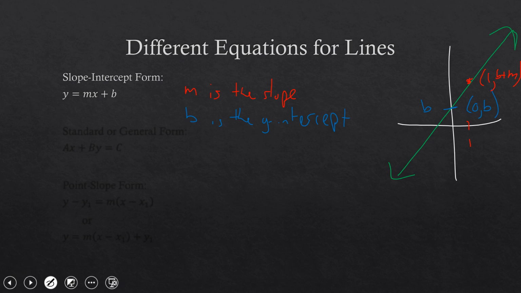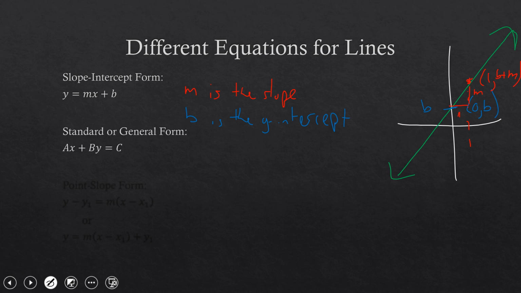This little triangle right here helps us see what the slope is. This is 1, and this is a unit of m. And it could be up or down, right? Because if m is negative, then our line's going to be angled down.